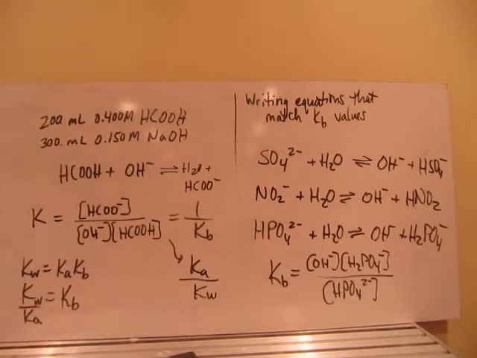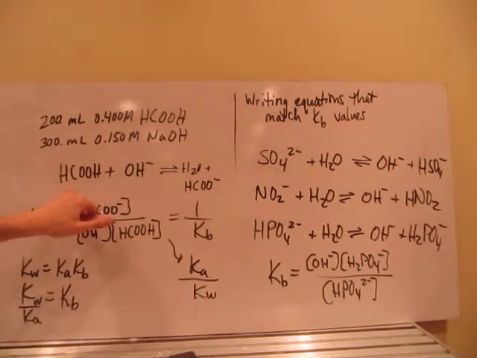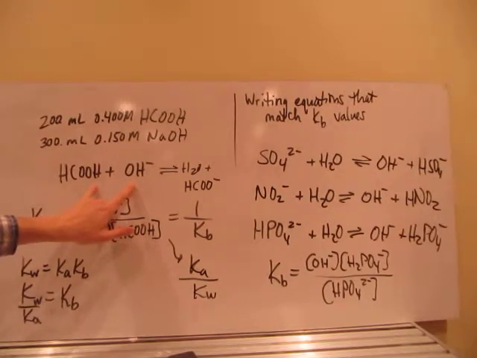Kw is 10 to the negative 14th. So this is going to have a really high value. This is going to go to completion. Every bit of this that can react will react because the value is going to be so high. And you can calculate the exact value.